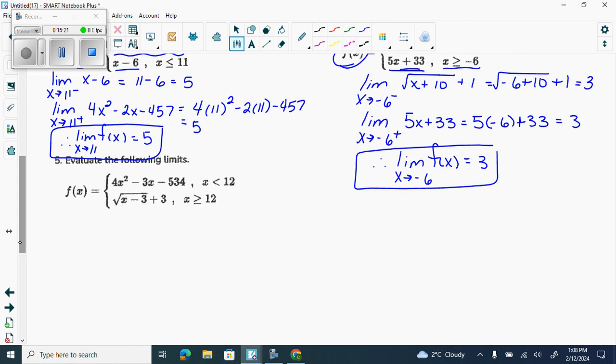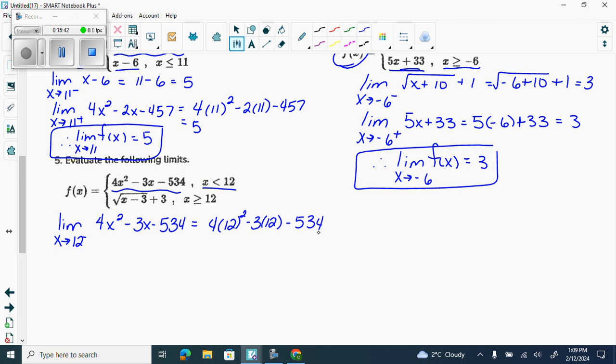Then we have 12. Here's the limit as x approaches 12 from the left, which is the less than. So we get 4x squared minus 3x minus 534, which equals 4 times 12 squared minus 3 times 12 minus 534. Is it 6?